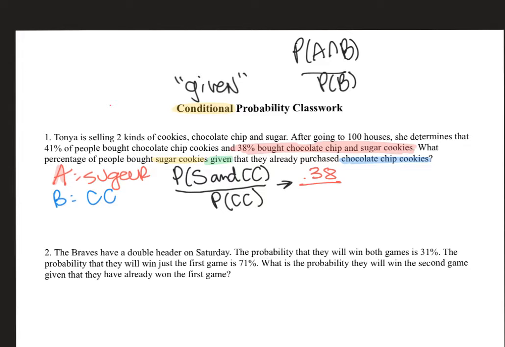Now, the probability of chocolate chip, 41% of people just bought chocolate chip. 41% as a decimal is 0.41. So, you are going to say 0.38 divided by 0.41 is 0.92.